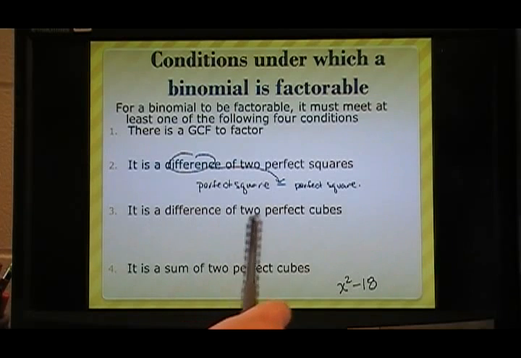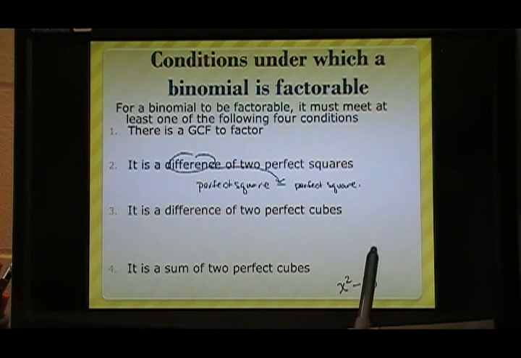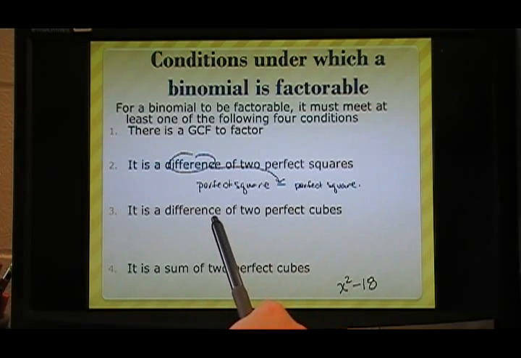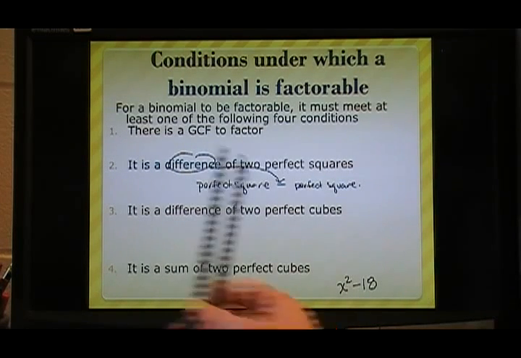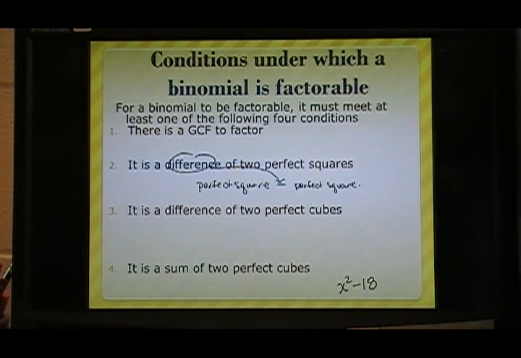Similarly, difference of perfect cubes would be perfect cube minus perfect cube. Neither of these are perfect cubes. It's not a difference of two cubes. Sum would have to be a plus versus a minus. So it's not a sum, nor is it perfect cubes.